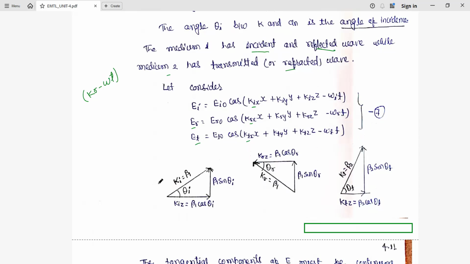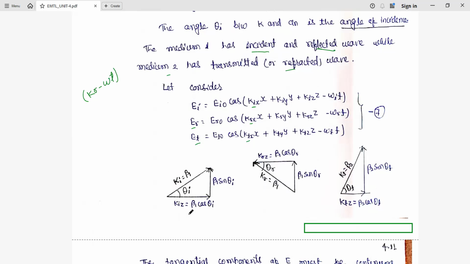Now this is going to be incident on the boundary with angle theta I, and we have seen that in the case of a lossless dielectric, this K is the same as beta. That's why in medium 1, we have the incident vector Ki, which is beta 1, and it is a vector along different directions.